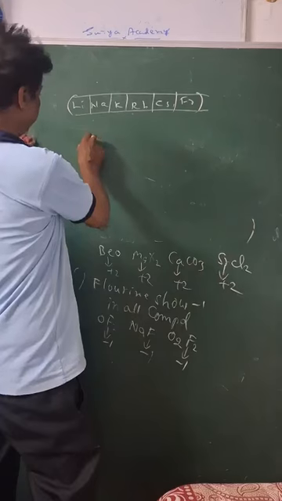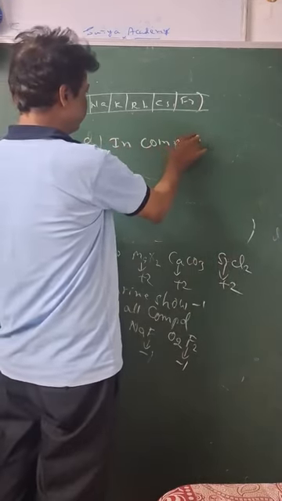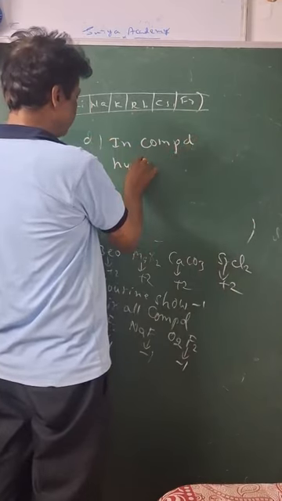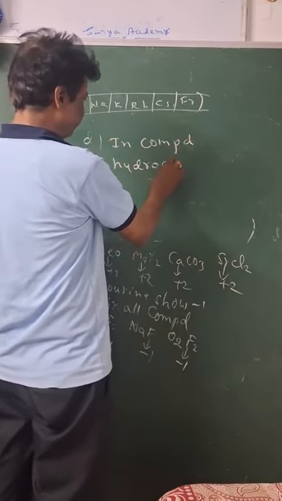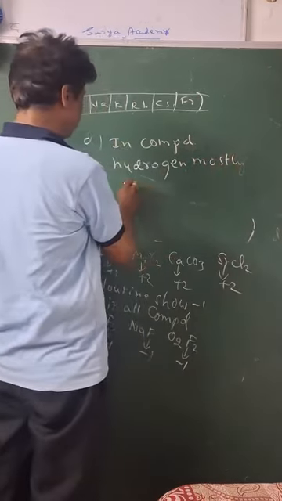Next one, D. In compounds, hydrogen mostly shows plus 1.